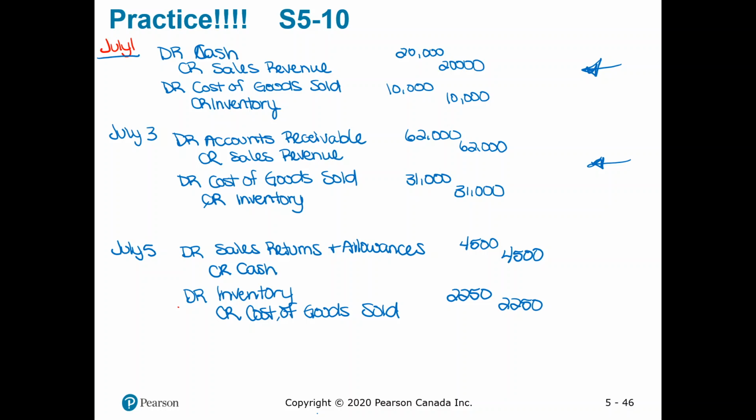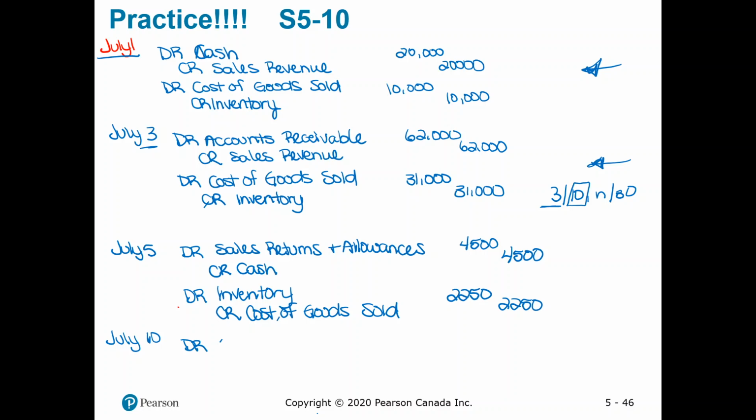And it says that it is less the discount, which we know they purchased it on the 3rd, and the terms were 3/10 net 30. So they had 10 days to pay to receive this discount. It is now July 10th, so they are in fact paying within that discount period. Therefore, we're going to collect that reduced amount.